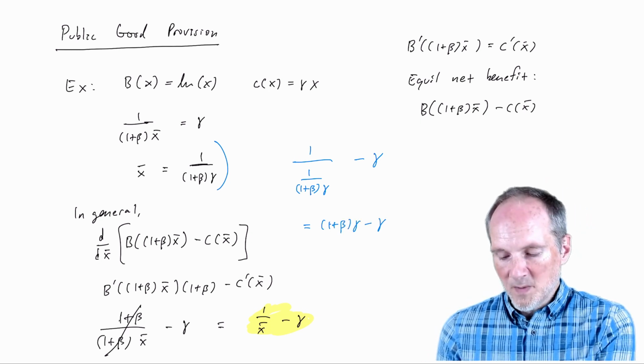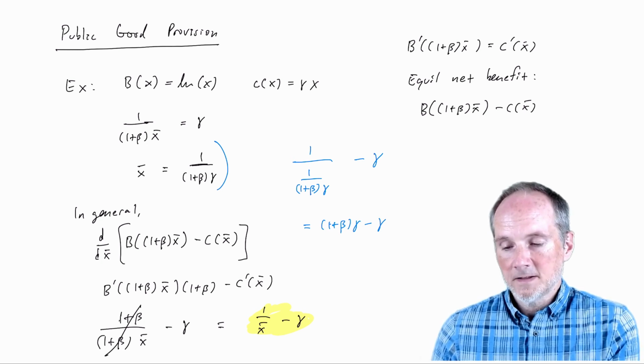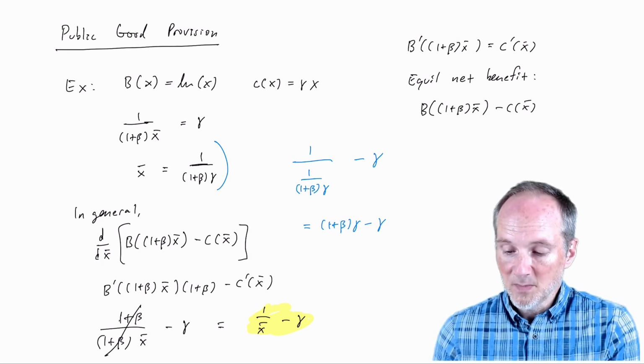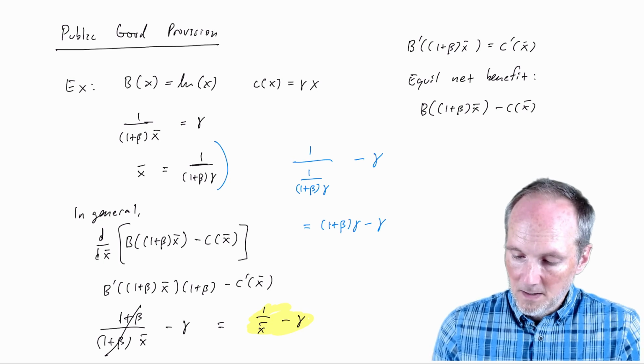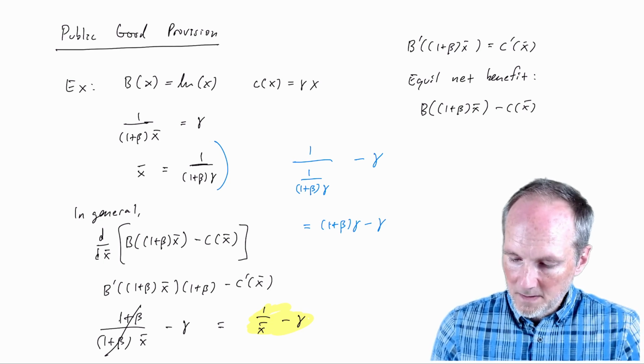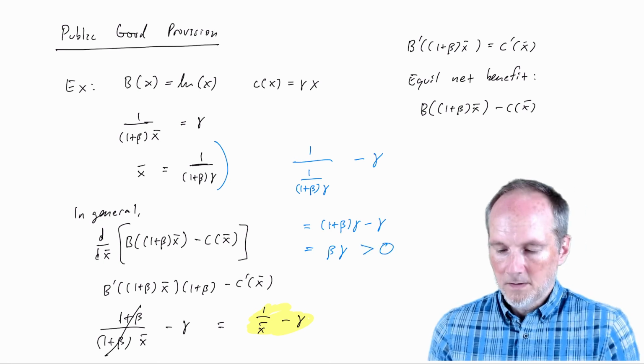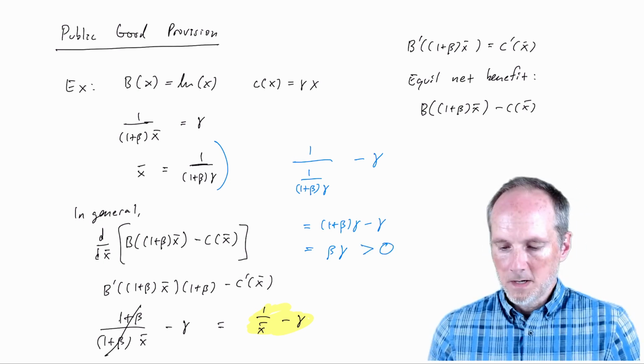Now, remember, if beta is equal to 0, there's no externality, so there's nothing to be done. But when beta is positive, this thing is equal to beta times gamma. That's positive.